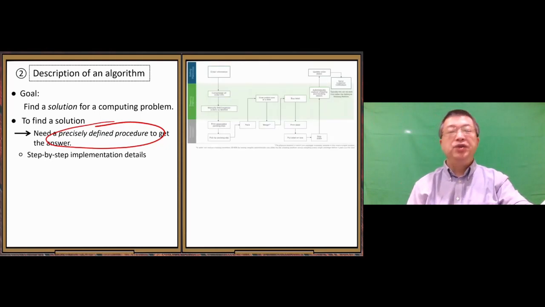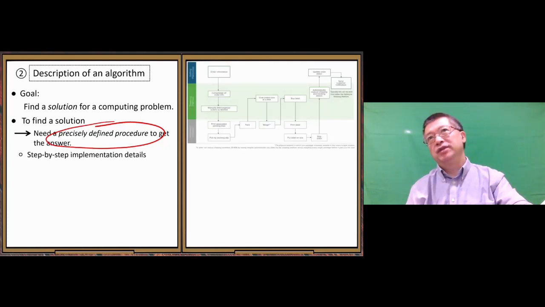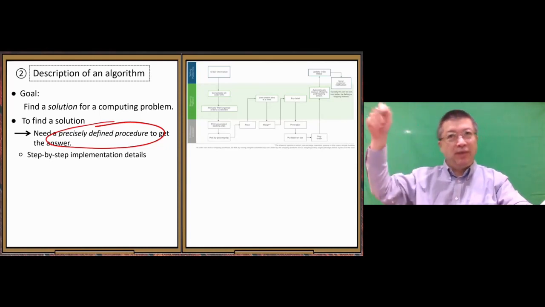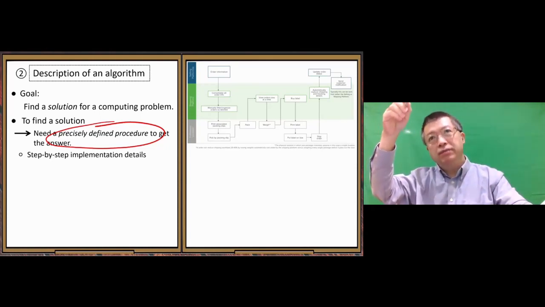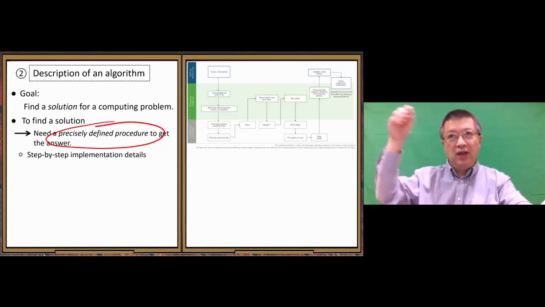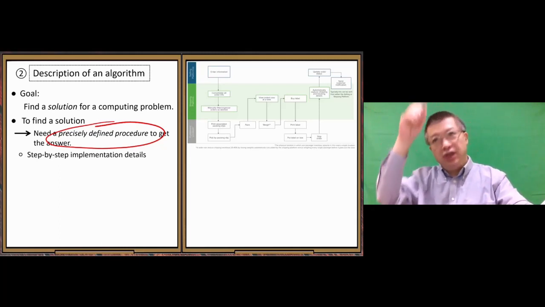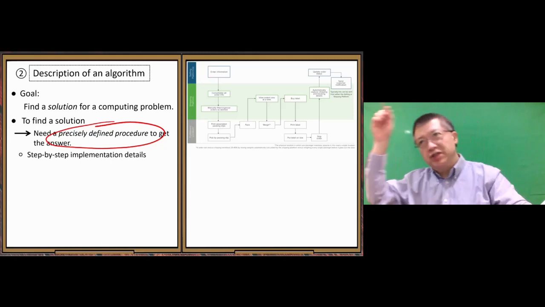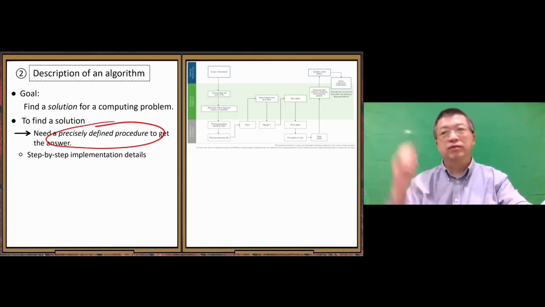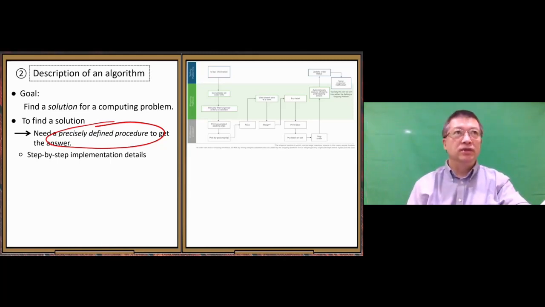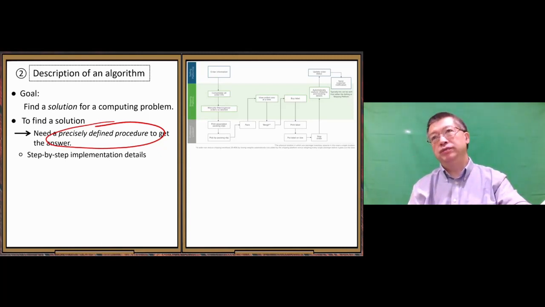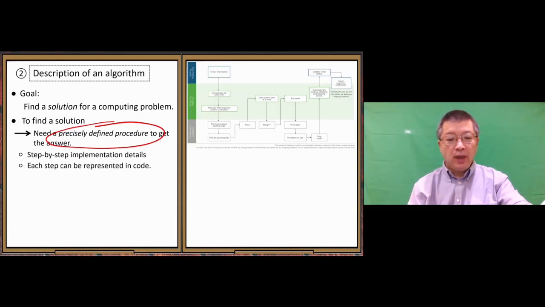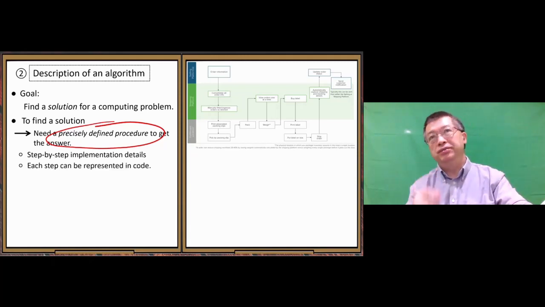We use a flowchart. In a typical flowchart, each block represents one task, then the order, first, second, so there is a flow to guide the whole procedure. Then each step can be represented in code.